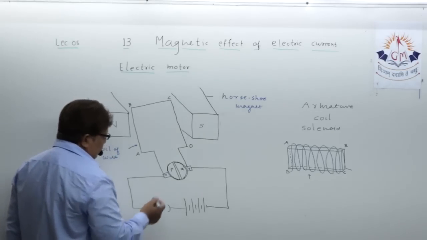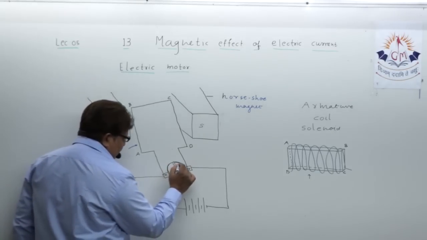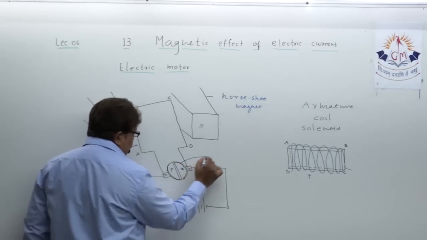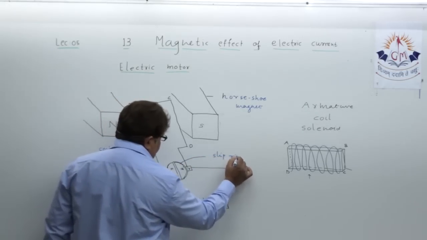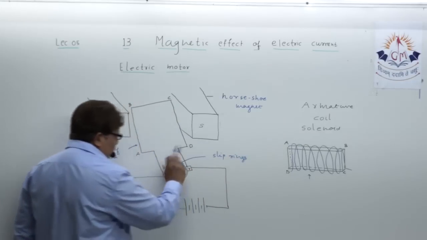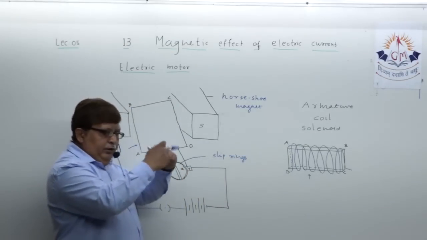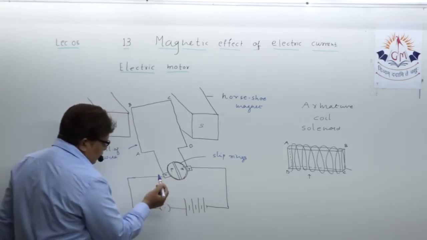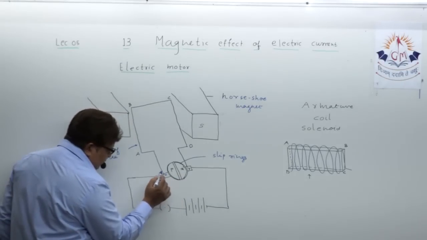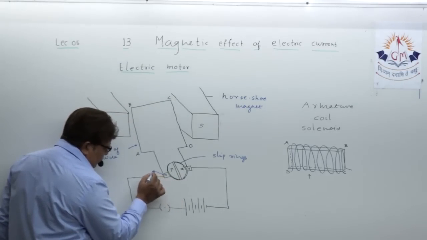This is very interesting, dear student. The name itself gives you some idea. Slip rings means this ring is going to slip, understand, on the edges of these carbon brushes.